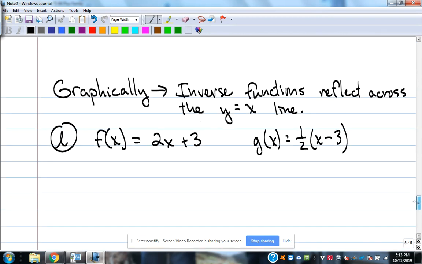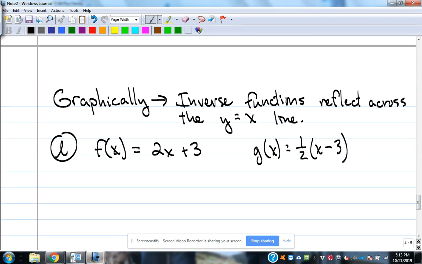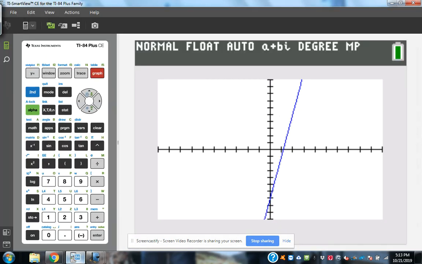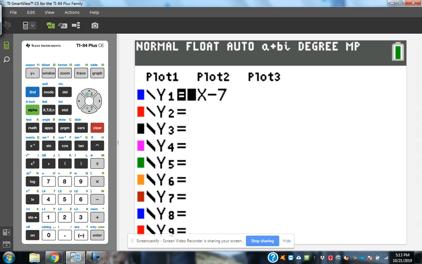Let's verify it graphically. I'm going to go to my graphing calculator, and in y1, I'm going to put in 2x plus 3. In y2, I'm going to put in the other equation, 1/2 parentheses x minus 3.